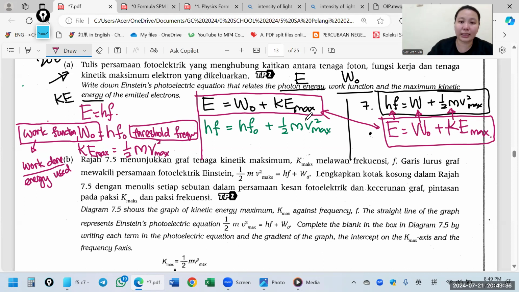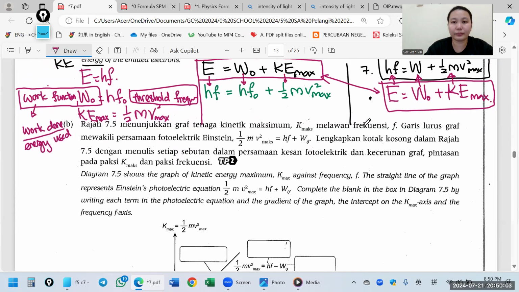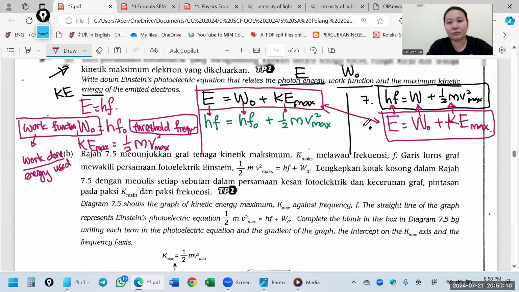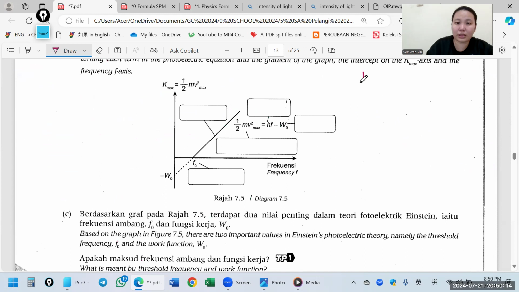If you can remember and memorize this formula and relate it to E equals HF, W naught equals HF naught, KE max equals half mv squared max, it solves everything. Why is the formula here half mv squared max equals HF minus W?